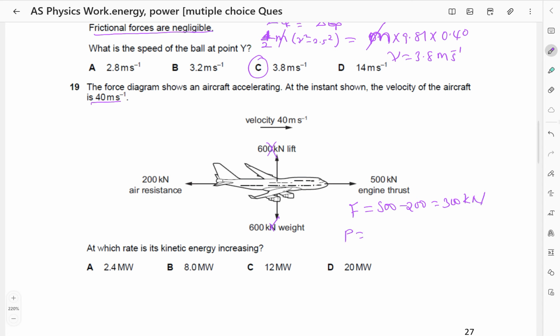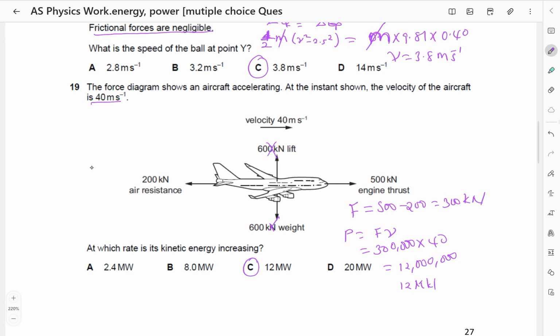And the power will be equal to this force times velocity, which will be 300,000 times the velocity, which is 40. And I think this gives us 12 million, which I think is 12 megawatts.